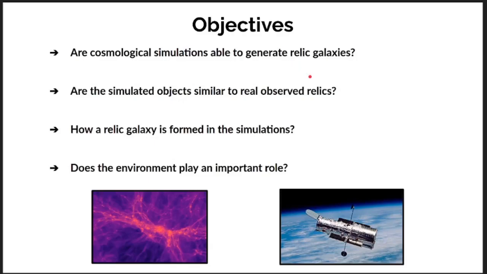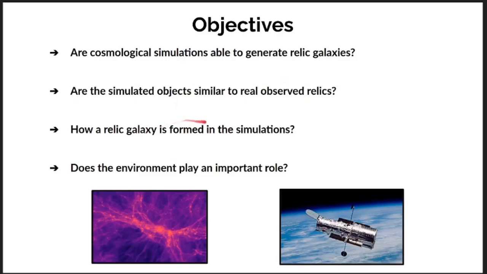So it's a reasonable question to test the cosmological model employed in the simulation, and also the baryonic physics. The second question is, if we can find something similar to Relic galaxies in the simulation, how far their properties agree with the real relics, how far we can compare these relic analogues in the simulation with the real relics.